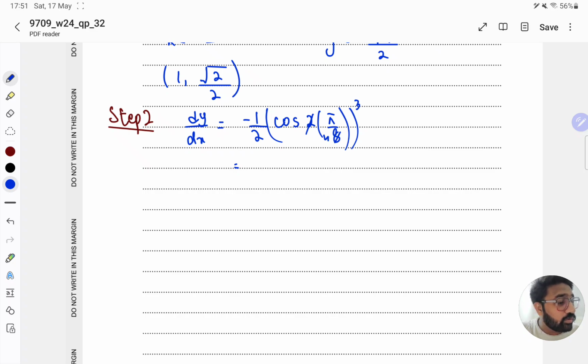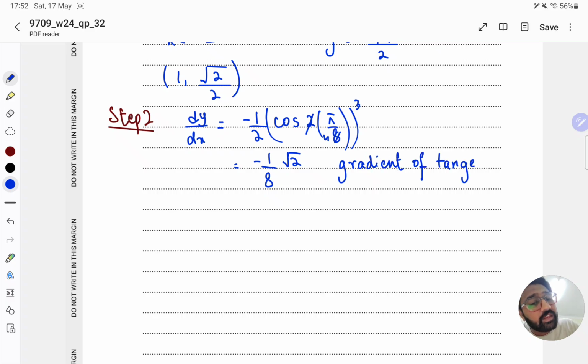So the cube is square root of this multiplied by 0.5. That gives us the gradient to be minus 1 by 8 square root of 2. So this is the gradient of the tangent, but we need to find out the gradient of the normal.